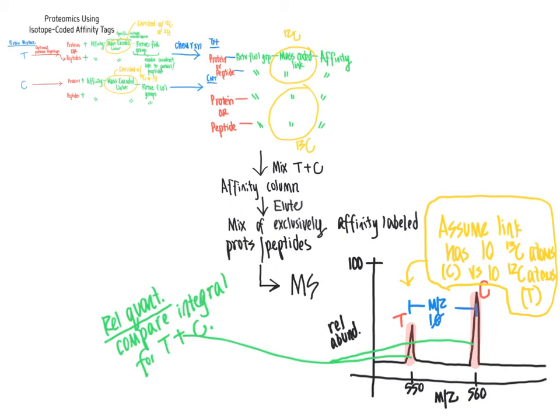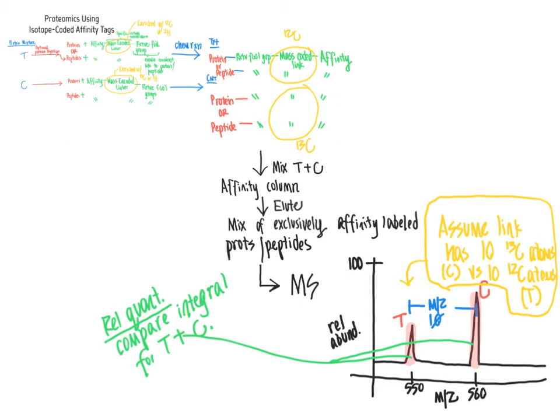On the other hand, if we had run these as two separate mass spectra without mixing the samples beforehand, when we mixed them up here, instead we would not be able to do such a rigorous quantification comparison of these two, because there can be variability from one injection to the next when running mass spectra experiments.